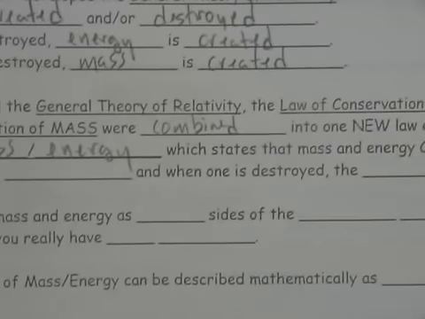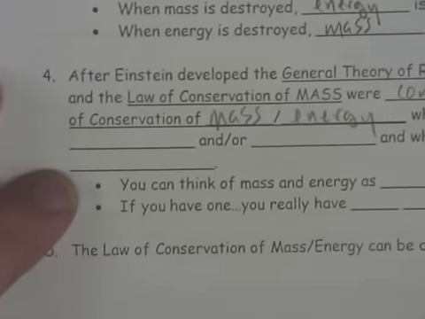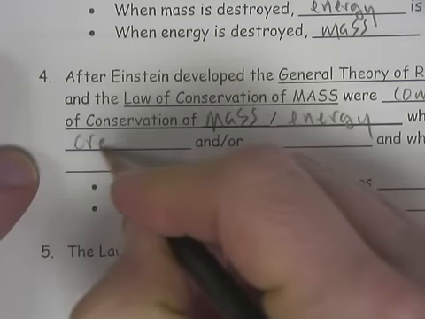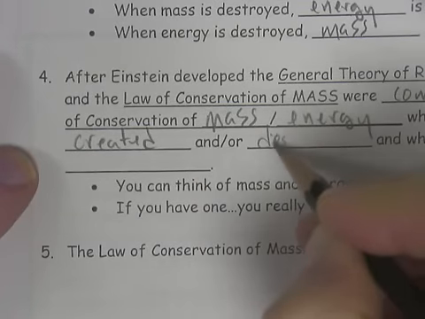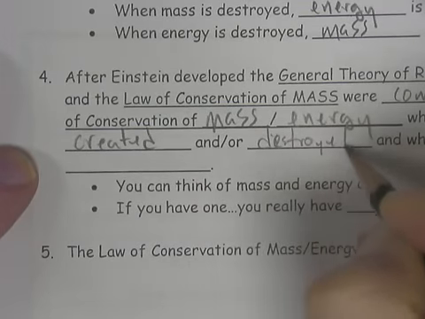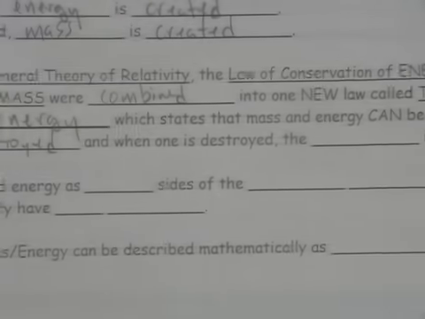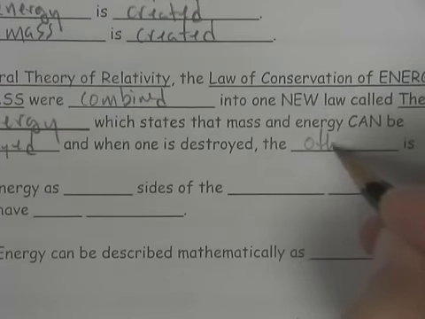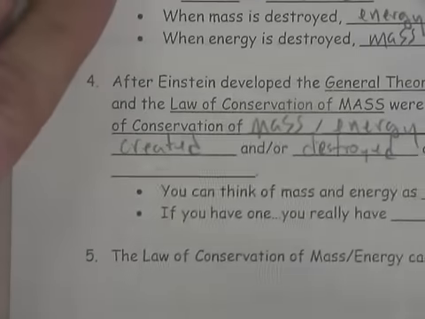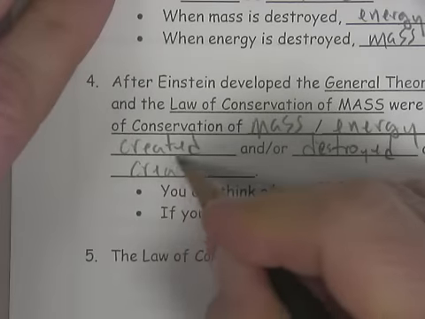That says that mass and energy can be created and/or destroyed, and when one is destroyed, the other is created.